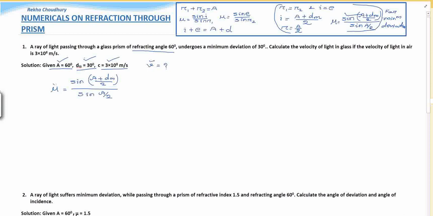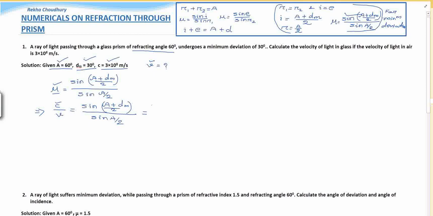We know that absolute refractive index of a medium is the ratio of the velocity of light in air to the velocity of light in that medium. So instead of mu, here we have applied the formula mu is equal to c by v, equal to sin of A plus dm divided by 2 divided by sin A by 2.